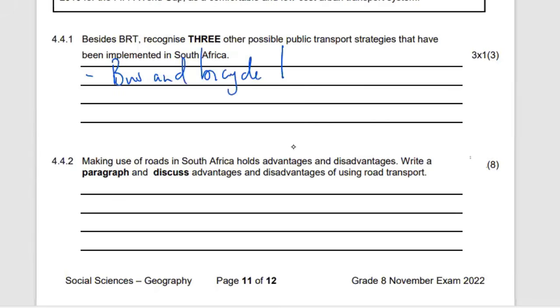The bicycle lanes have also been introduced as a way to ease congestion. Then we also have park and ride. It's another strategy that has been put in place to try and lessen the burden of congestion in urban centers. Then we also have car-free zones.